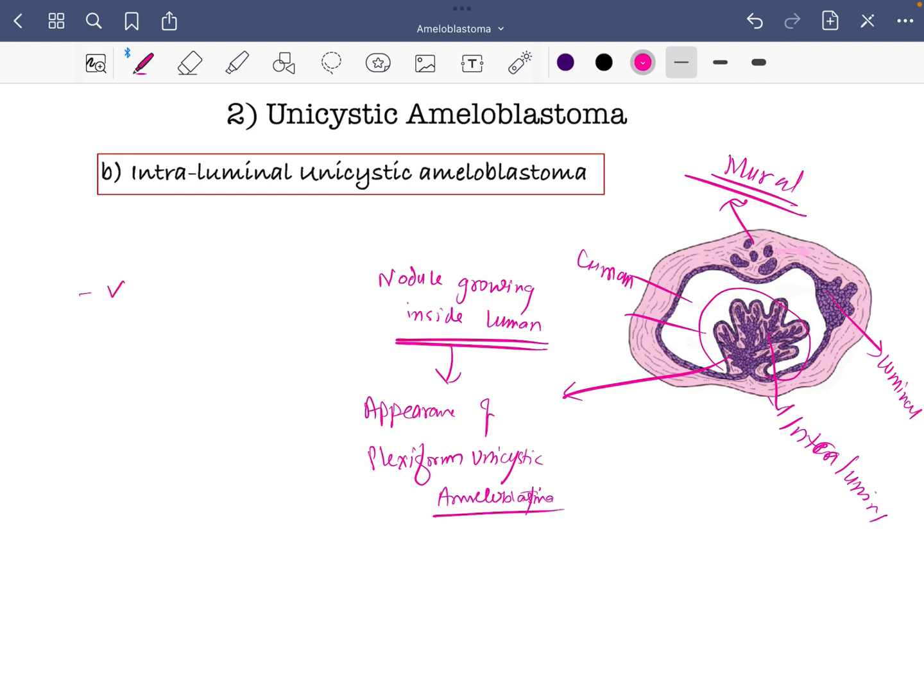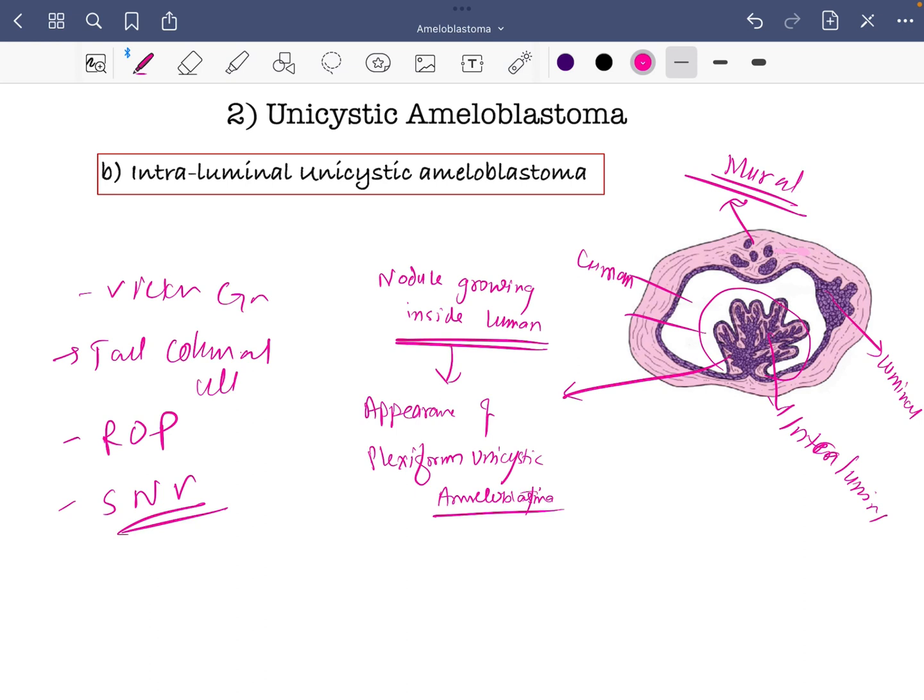All of the features are going to be the same as Vickers-Gorlin: tall columnar cells, reversal of polarity, subnuclear vacuolization. In the nodule, you will see a plexiform pattern, with thin strands and thick strands.